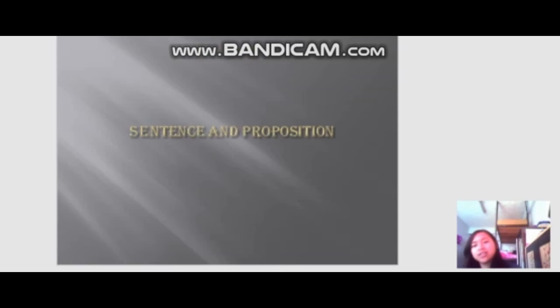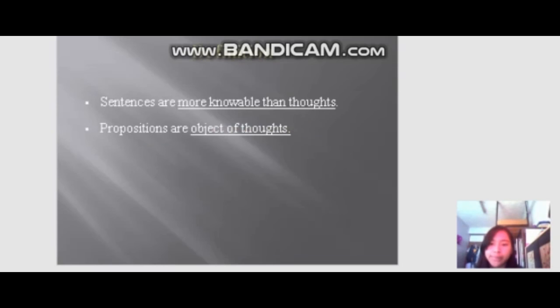Next, sentence and proposition. Let's start from the definition. Sentences are more knowable than thoughts. A sentence is an expression of a complete thought. Propositions are objects of thoughts. A proposition is a statement that can be either true or false.